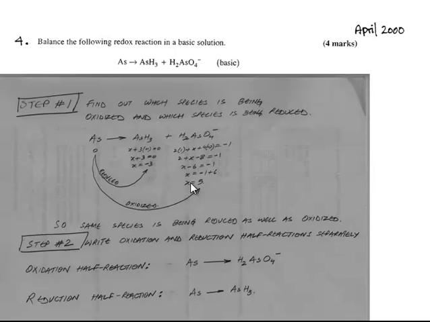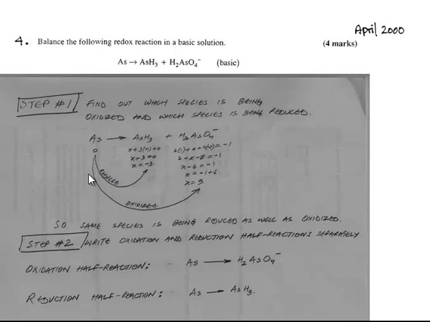So we can see that in this compound here, arsenic has gone from a charge of 0 to negative 3. So it's reduced. The charge has dropped. That means it has gained electrons, and gaining electrons means it's reduced.